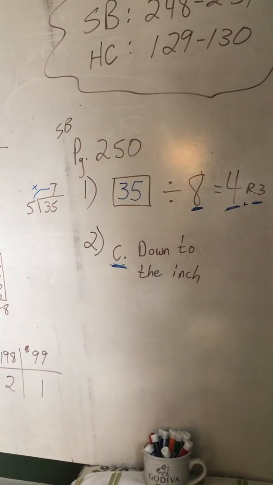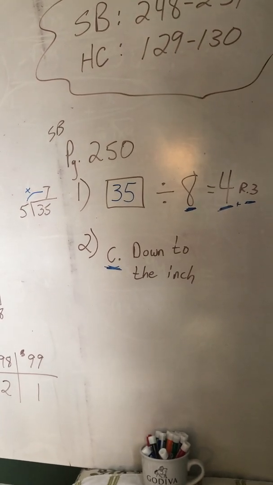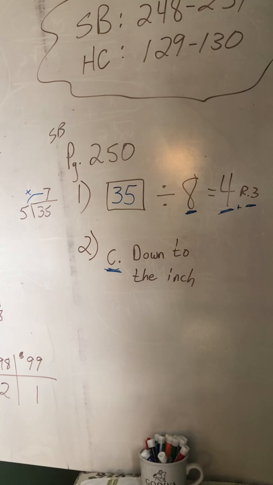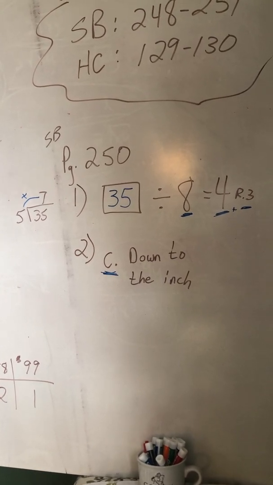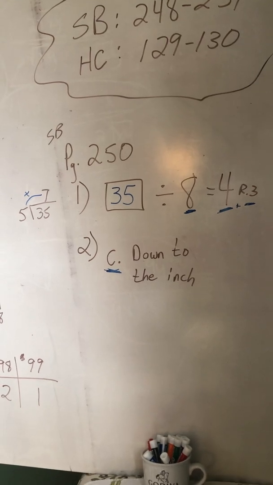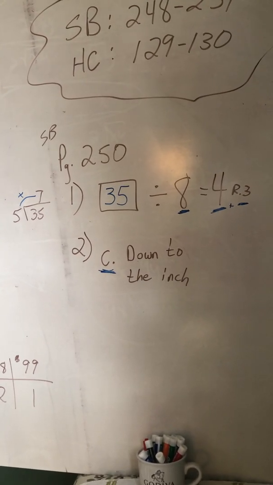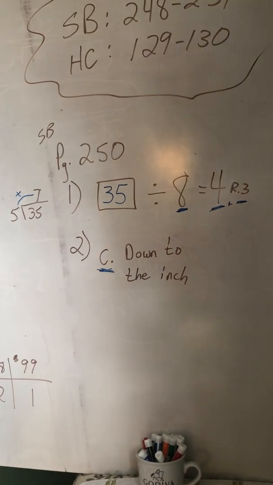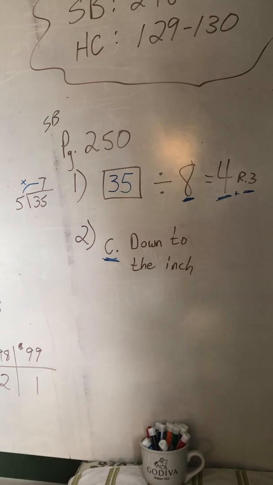Think about that. 16 foot divided by 3. You know there's a 5 foot something in there, right? Well, what are you going to do with that last foot? Because you can break a foot into 3 pieces. How long is that rope going to be down to the inch? I think you can do it.